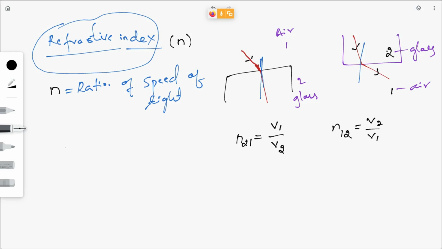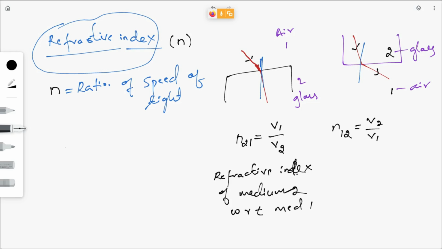And for this interface, glass to water, speed of light in glass divided by speed of light in water.